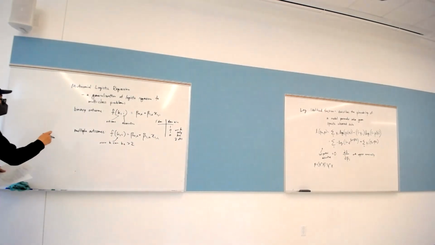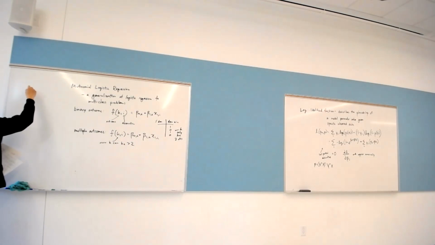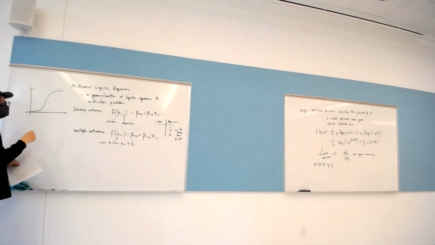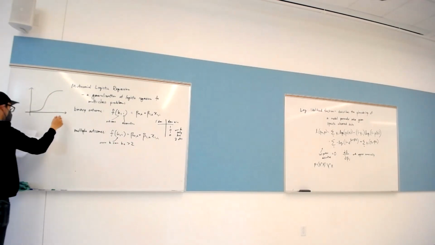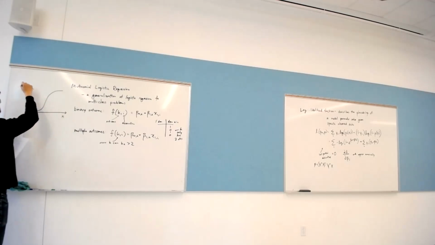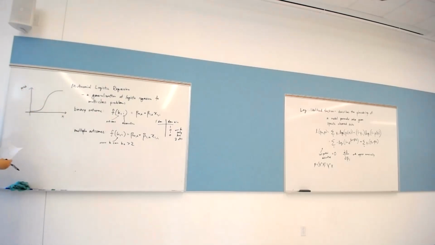So I talked about this idea that with the binary outcome, we have this result in our probability space that looks something like this, right? So this could be X and probability.